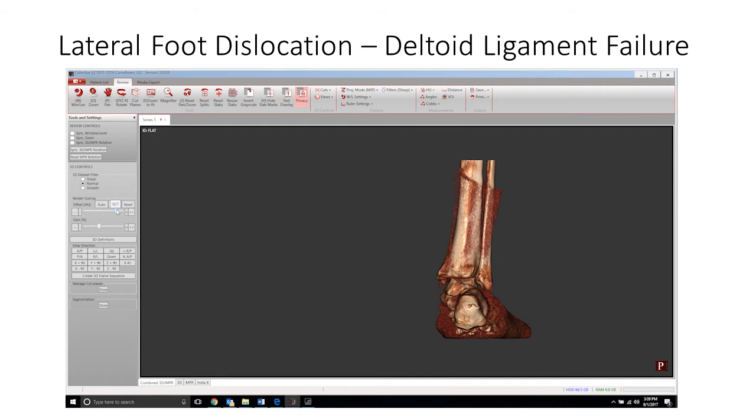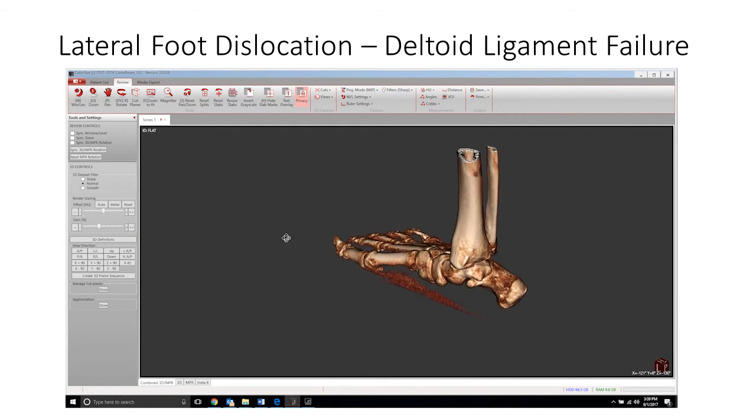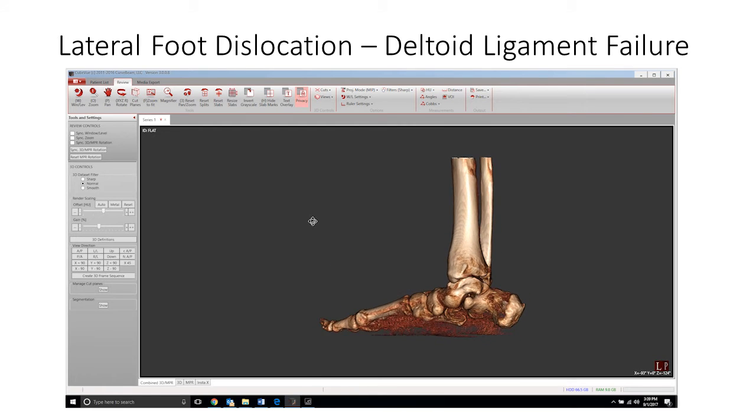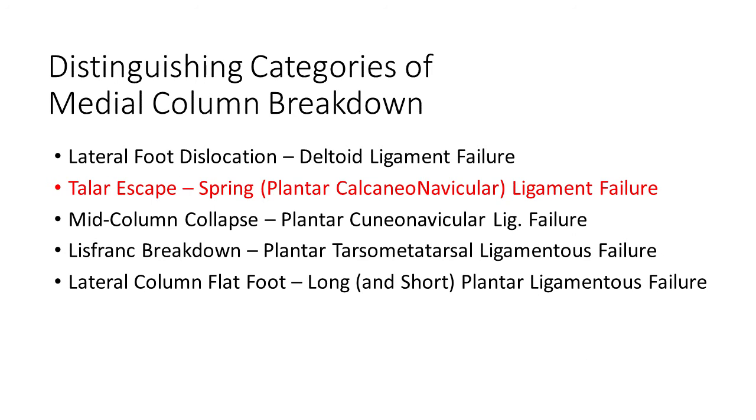When we strip away the soft tissue, you can see that the alignment of the calcaneus is very lateral, and that there doesn't seem to be anything underneath the talus to support the talus. The identifying features with this pathology tend to be hindfoot valgus, lack of forefoot abduction, and a medial weight line.